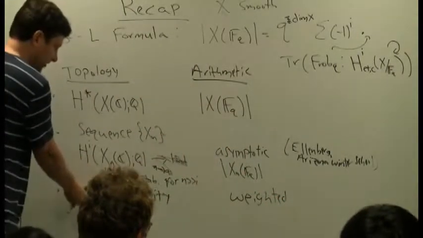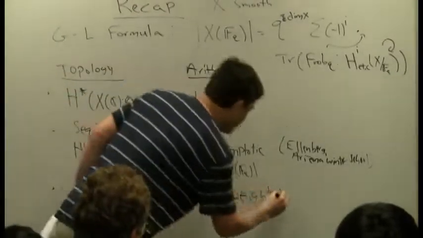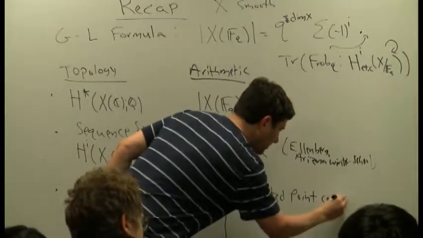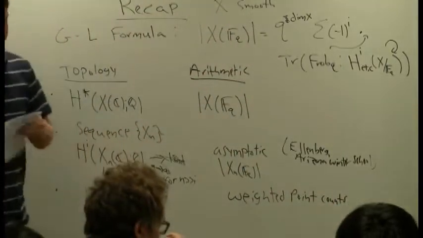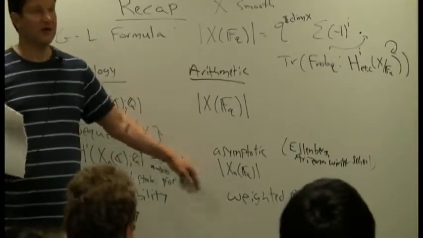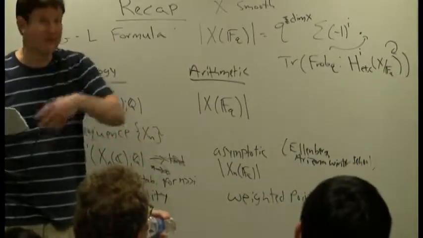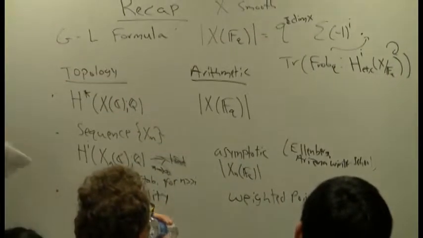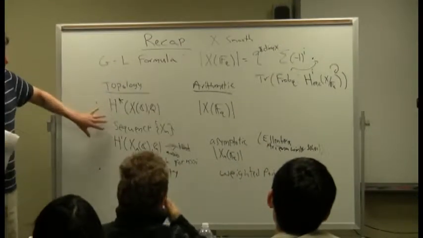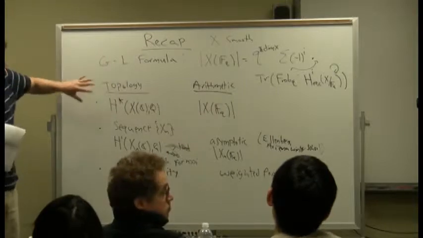I think it's a completely new kind of thing, in weighted point counts where the weights are by characters, and the character of the trivial representation gives classical stability. But you could plug in these characters and you get all these other problems with the expected number of linear factors and all these other statistics. Okay. That was basically what I wanted to give in terms of the bridge.